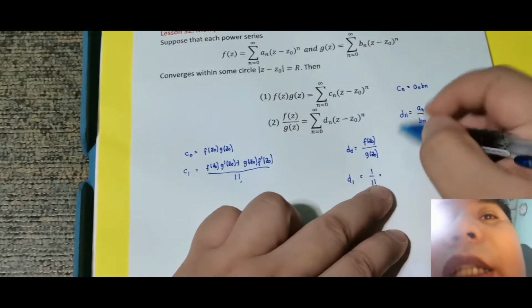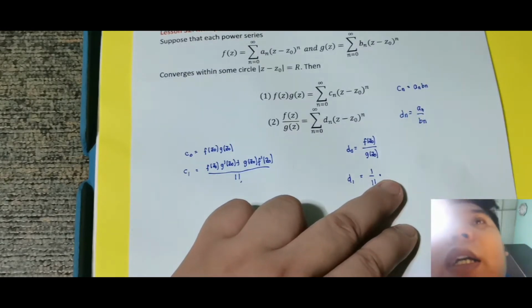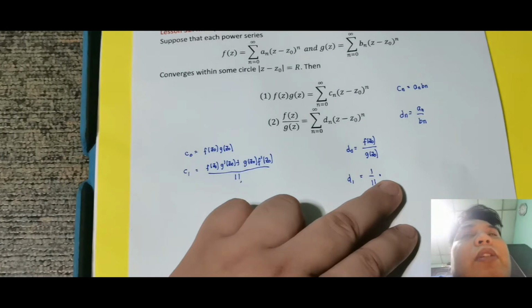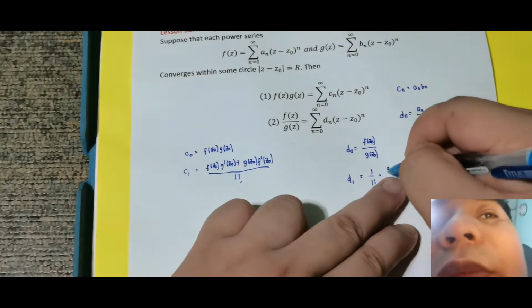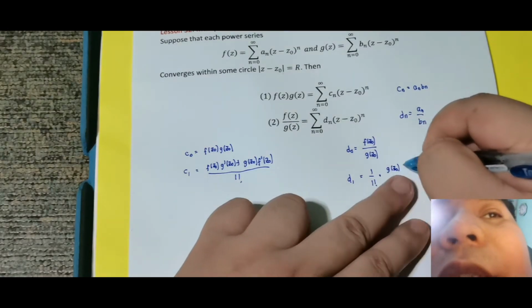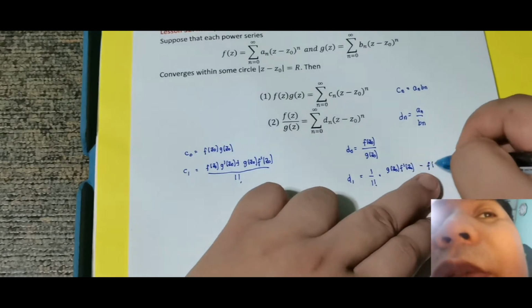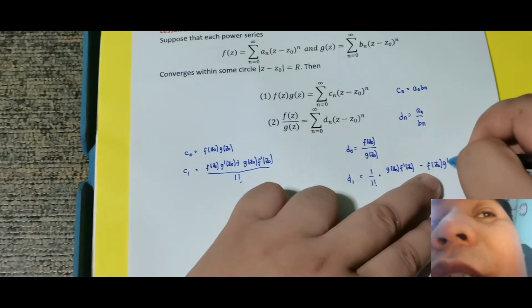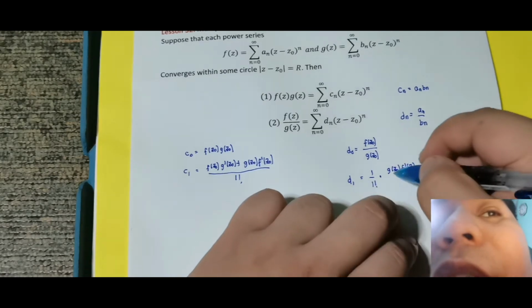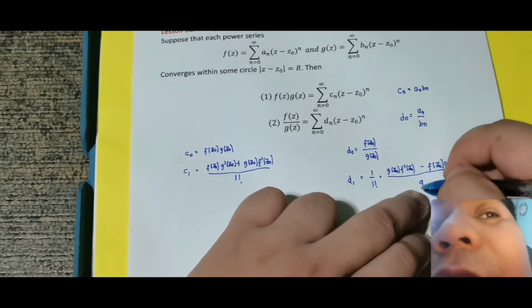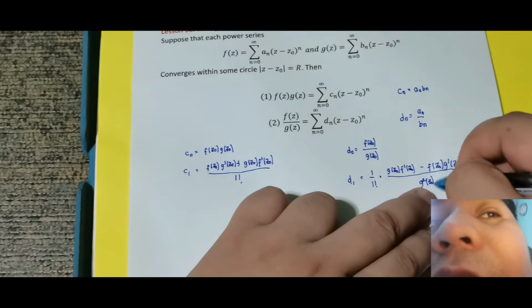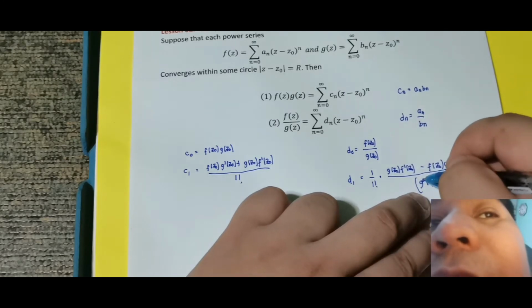Tapos, this is just UDB minus, so BDU minus UDB. So, this is g of z naught f prime of z naught minus f of z naught g prime of z naught all over g squared of z naught, naka-square yan.